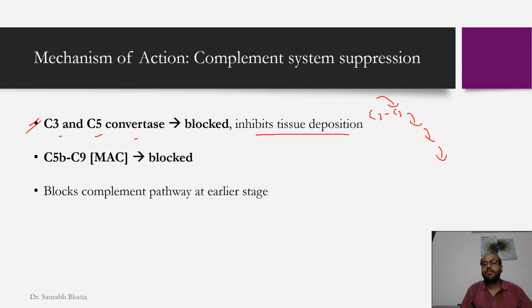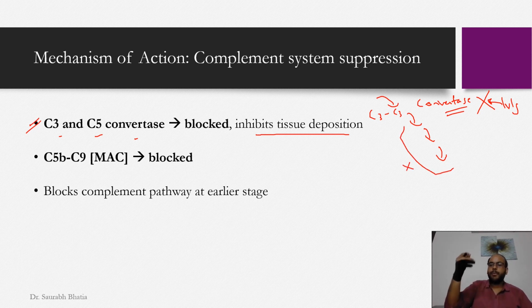These are all carried out by enzymes known as convertases. IVIg blocks these convertase enzymes, namely C3 and C5, and when these are blocked, the whole cascade is blocked, and no complements are active.